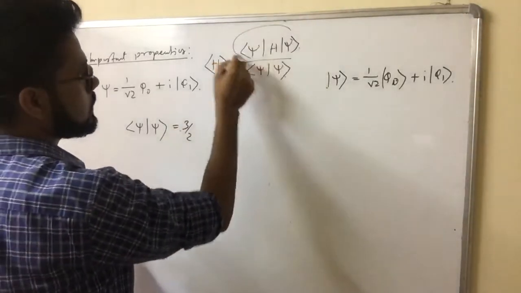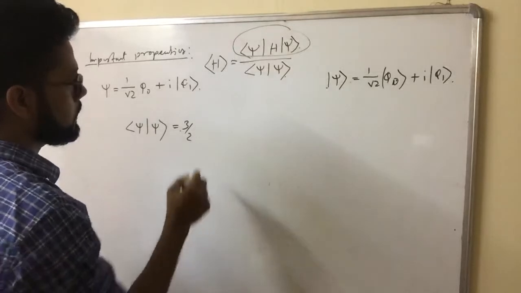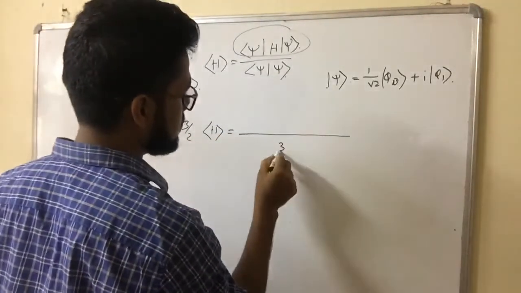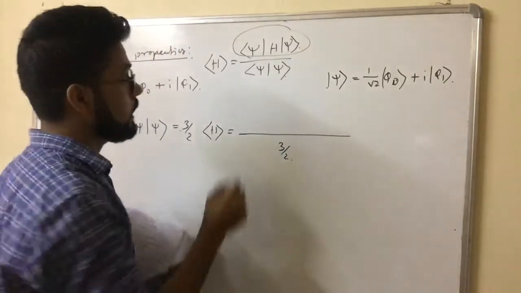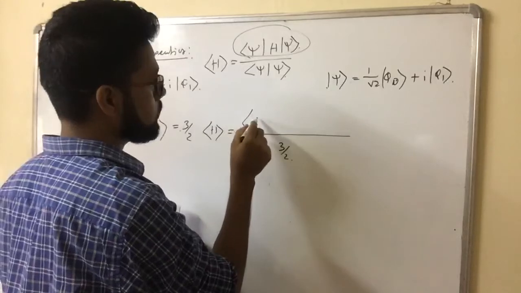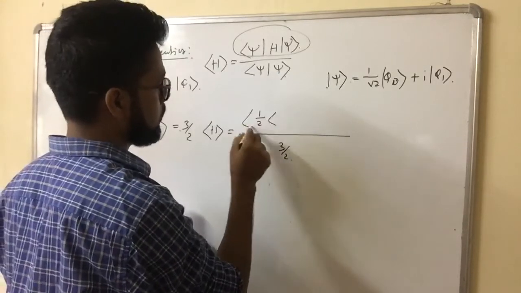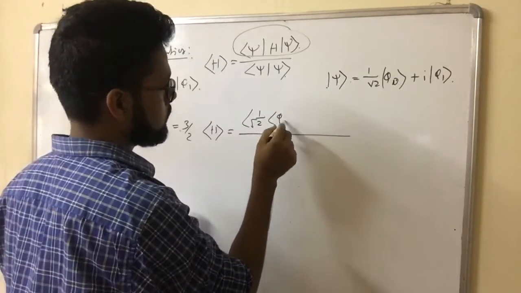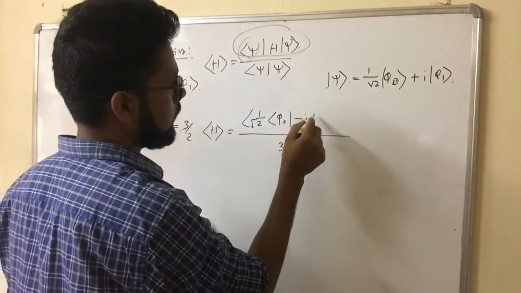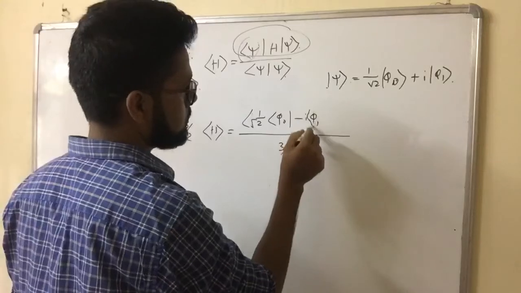Then I have to calculate this part. I simply write this one again. This part I directly put the value, and this part I have already shown you: 1 by root 2 (phi naught minus i phi 1).